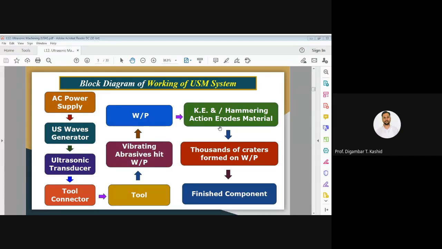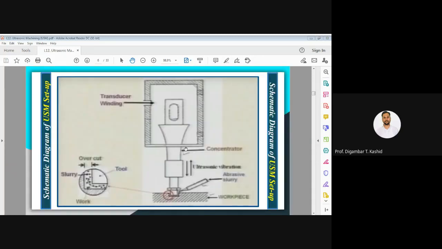They will be thousands in number, and then you will get the required or desired cavities, that means your finished component. So this much we need as elements. Here I have shown the block diagram. In continuation, I will explain with this diagram.